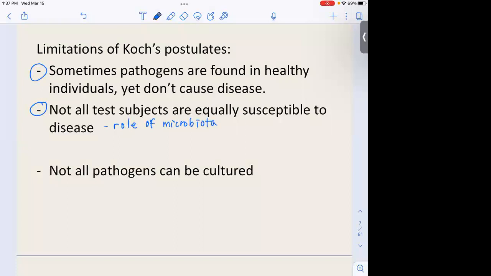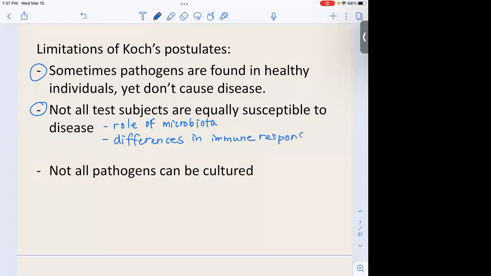The different microbes that you have present might help you fight off an infection where somebody else might be more susceptible. We all have slight differences in our microbiota, and we all have differences genetically in our immune response.